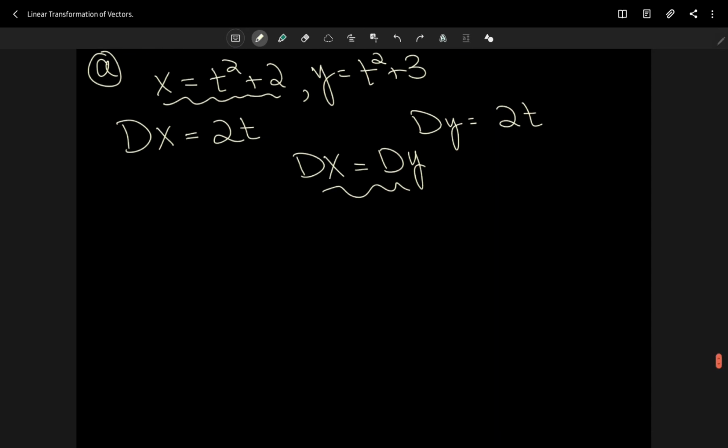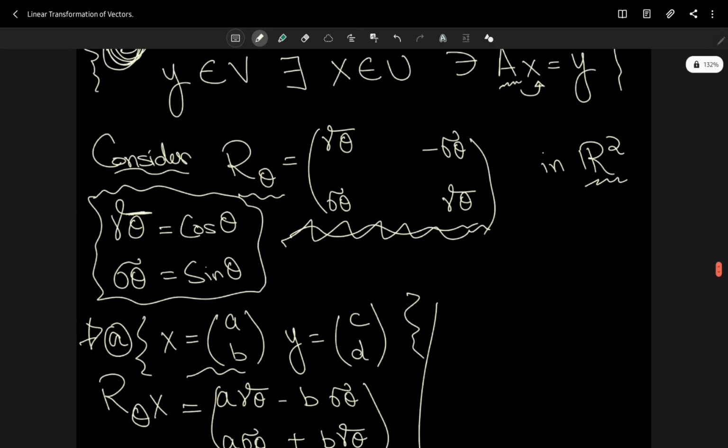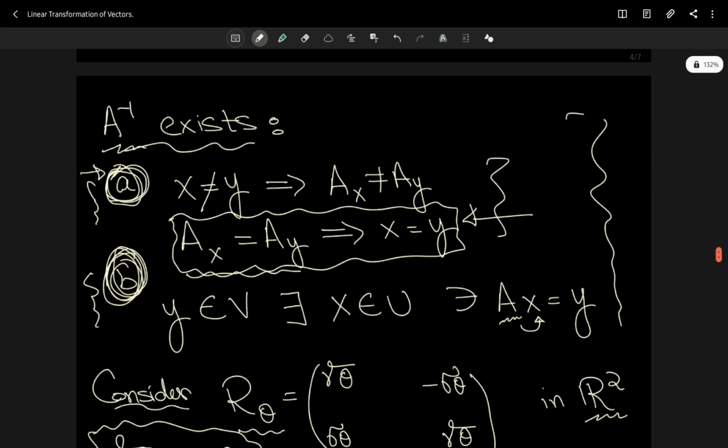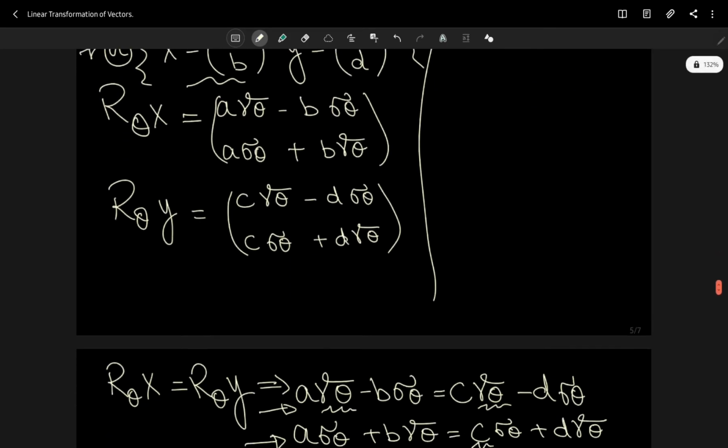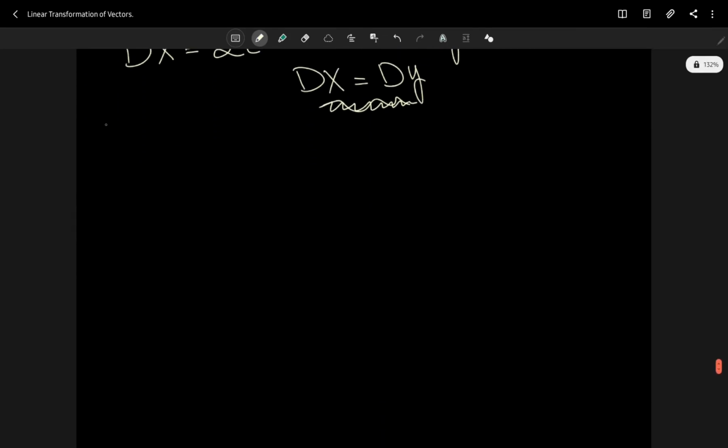Yeah, we could say that this Dx and Dy are the same. So if you go back to this property over here, right, we could say that x and y are the same. Okay, now let's talk about part B, right, of our definition.